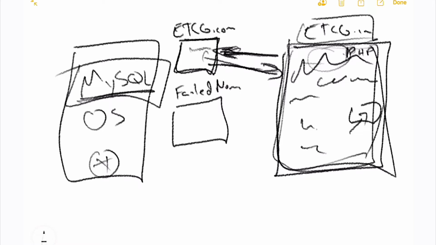Now, it is important to understand that you can communicate between multiple databases, right? So again, since we're going to be interacting with databases with a programming language, the reality is we can connect to multiple databases. So let's say there's one database server here and one database server here.